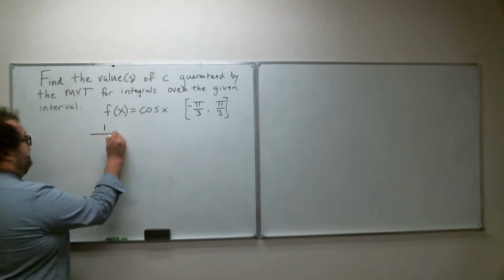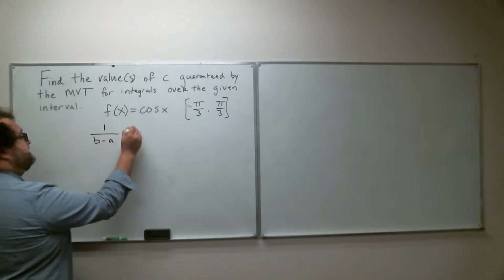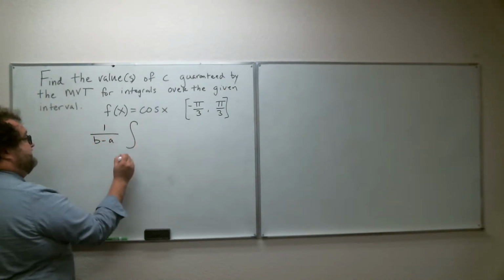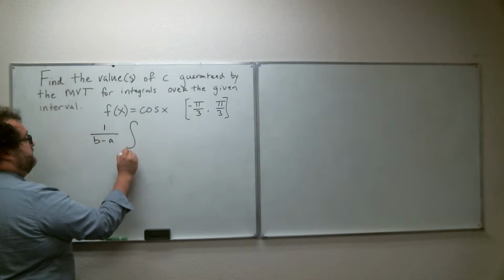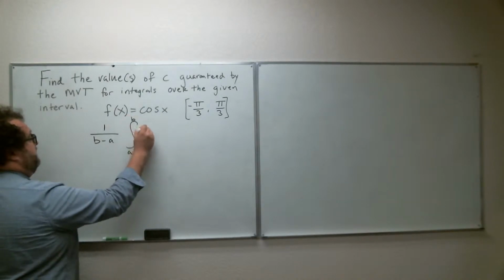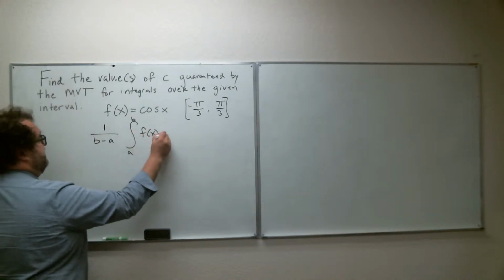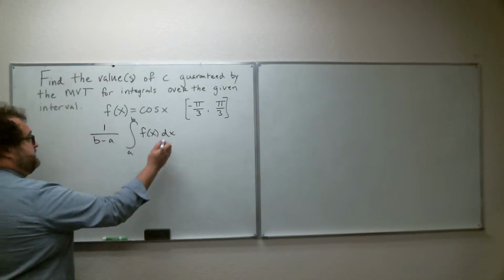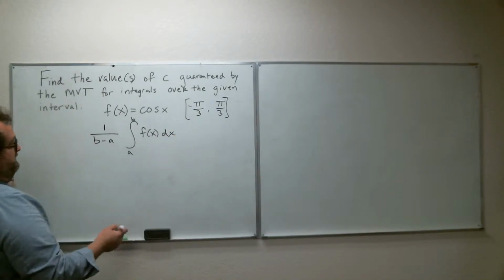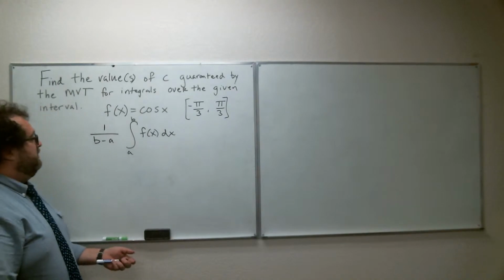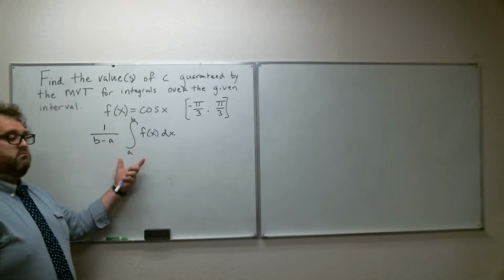It's 1 over b minus a times the definite integral from a to b of f of x dx. So if we want to find the average y value, the average height of the curve, we simply do this.